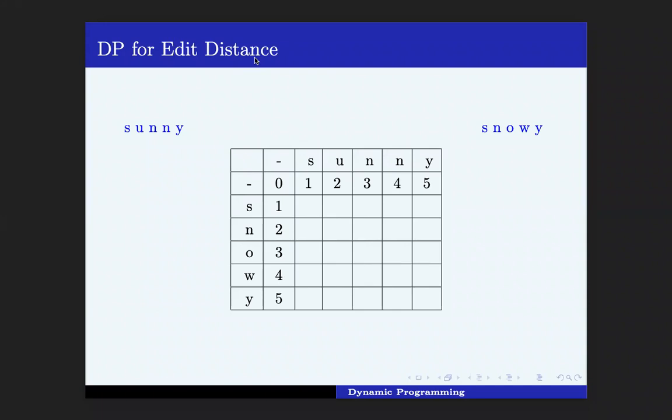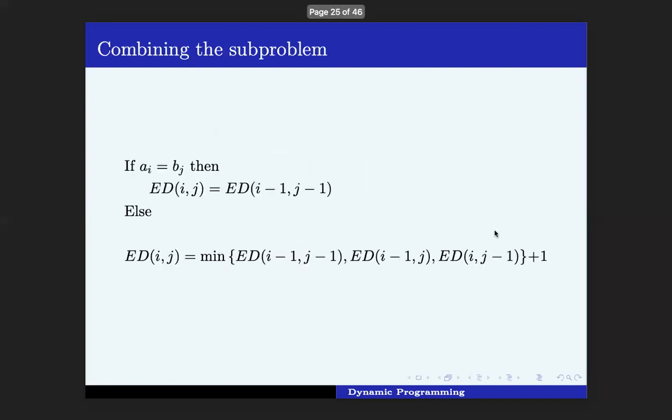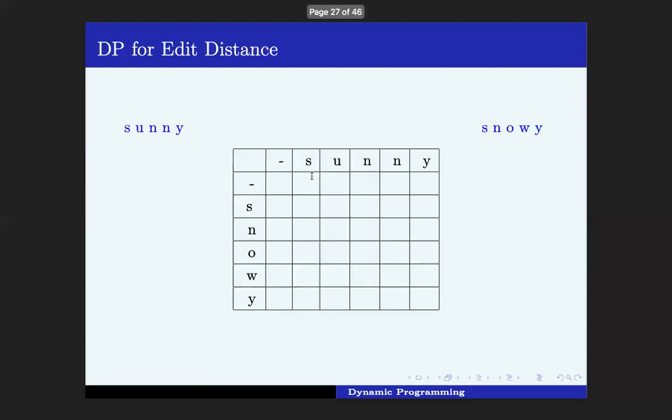In the last level. Last one you got 4. Yes, sir. Why is the last one 4? Look at this. Last one is ai equals to bj. So it should be, as the diagonal, 3. Oh, sorry. Yeah, 3.